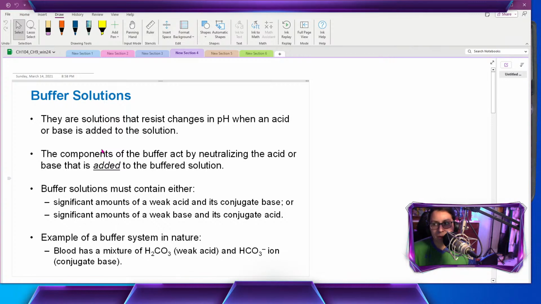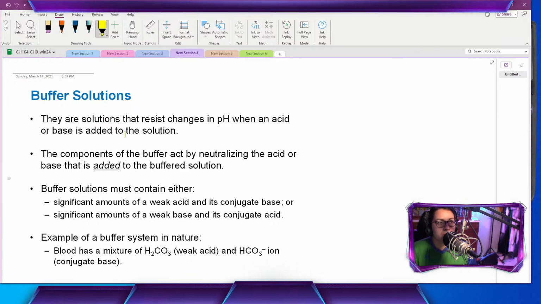So let's talk buffer solutions. And so buffer solutions are just defined as any solution that resists a change in pH when an acid or base is added. And so it's important to keep in mind that, right, this is only a small amount. So eventually your buffer could be overwhelmed.